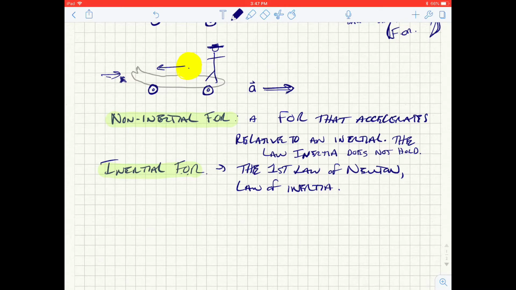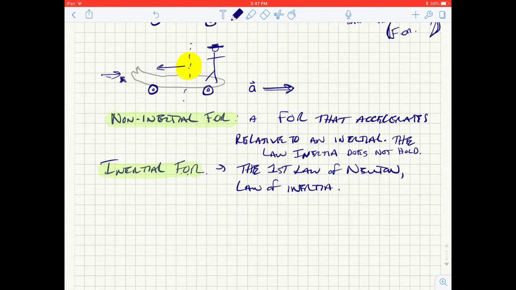So from the perspective of the ground, a stationary frame of reference, it makes sense to us that an object is going to want to stay at rest, and it needs an outside unbalanced force to accelerate it. So the ball really, from our perspective, isn't moving. What's moving is the skateboard under it.